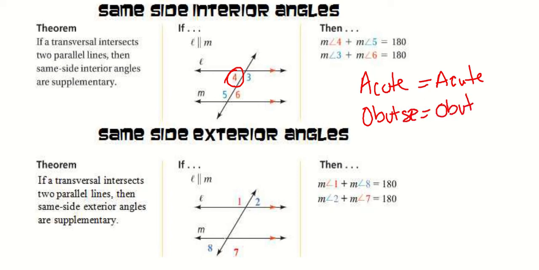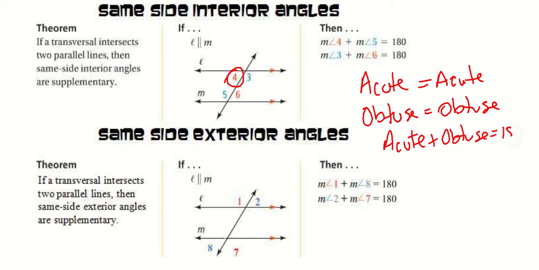That is also equal to any other obtuse angle. I think I spelled obtuse wrong. Obtuse is equal to obtuse. And then if you pair an acute up with an obtuse, they add to 180. So acute angles are equal, obtuse angles are equal, and an acute and obtuse make 180. So that's an easy way to remember this.